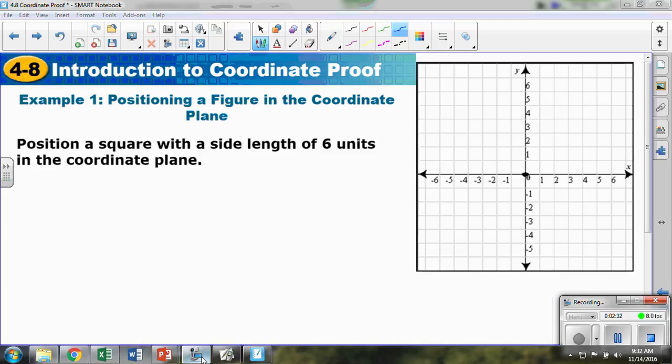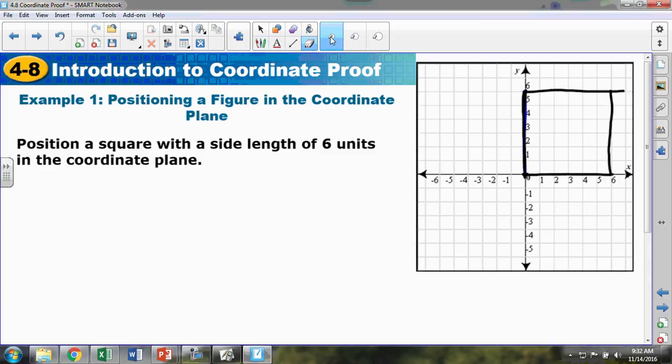That's one strategy to help make things easier. Keep it in the first quadrant. We'll make a side length of 6, using both the x and y axes as sides. And then we'll finish off and draw our square. And that's it. We're done. We've positioned a square. No more.